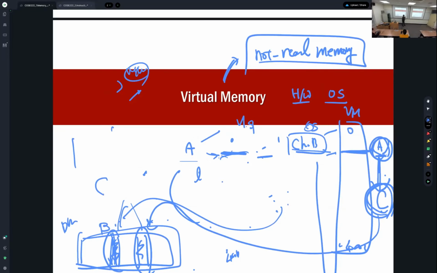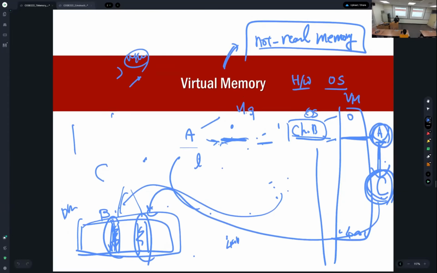I know this is a little bit tricky because until now, I assumed that the memory is accessed directly by the address of the load or store instructions. But in reality, this address needs to be translated into the real address, the physical address. Okay, so please remember this concept of the computer system.